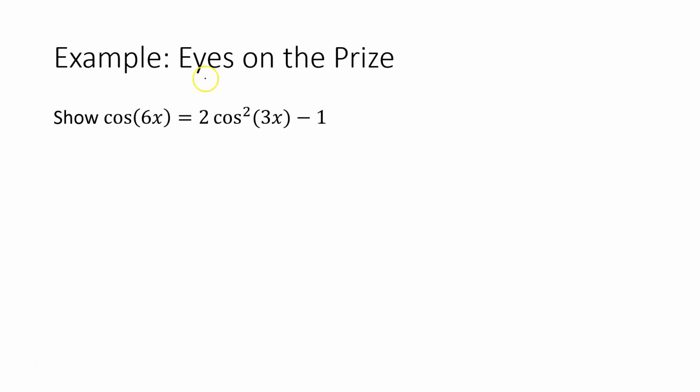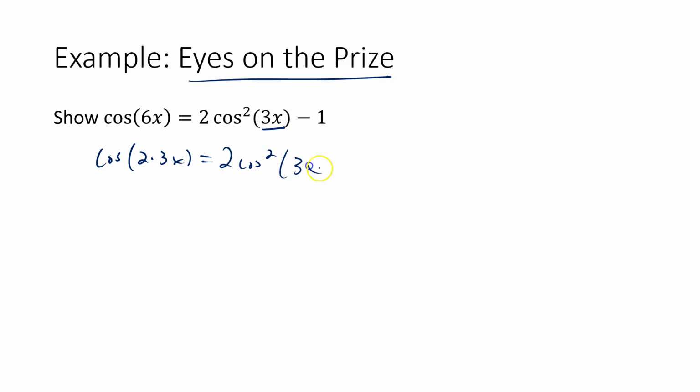So, which one do we use? Well, I would suggest you keep your eyes on the prize. So, cosine of 6x, we look over here, we see a 3x there. I'm going to show that it's 2 cosine squared 3x minus 1. So, cosine of 6x, I'm going to write that as cosine of 2 times 3x, because that's going to give me this 3x over here. So that is 2 cosine squared 3x minus 1, because if this 3x was anything, like 2u or something, it just throws it right into 2 cosine squared 3x minus 1.